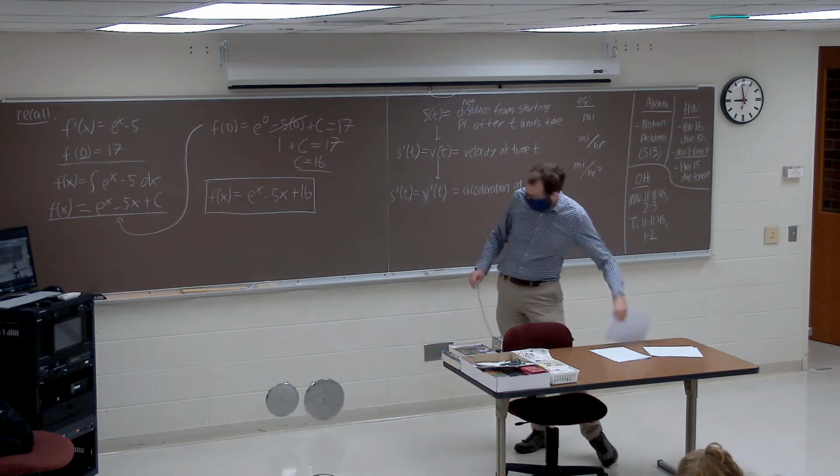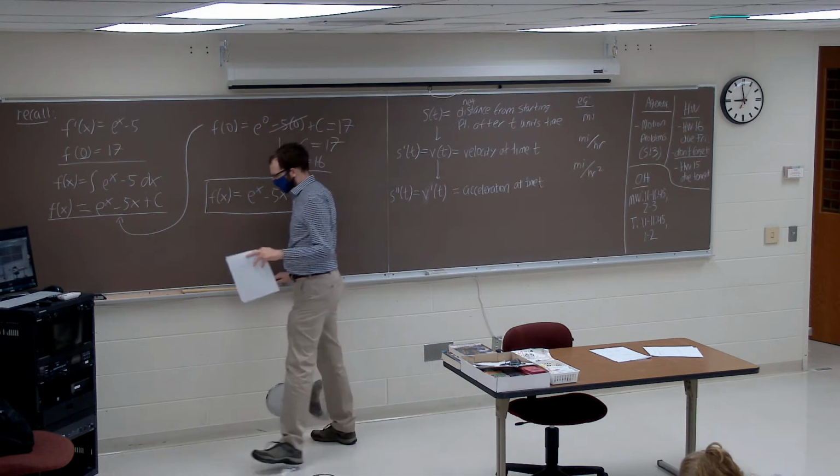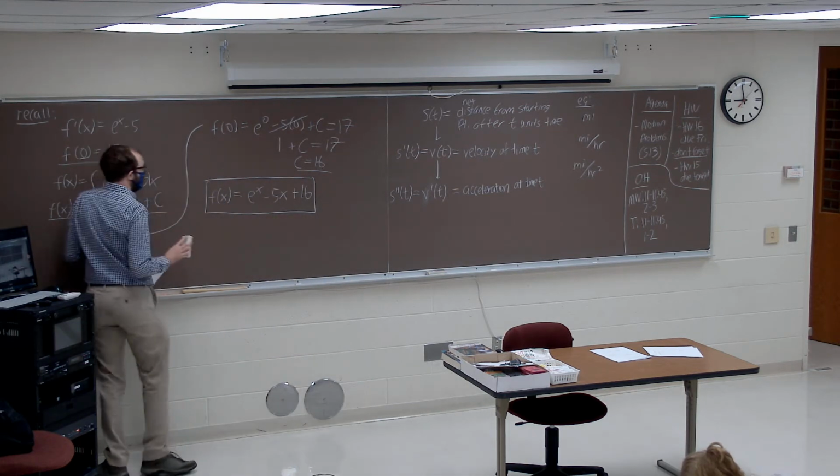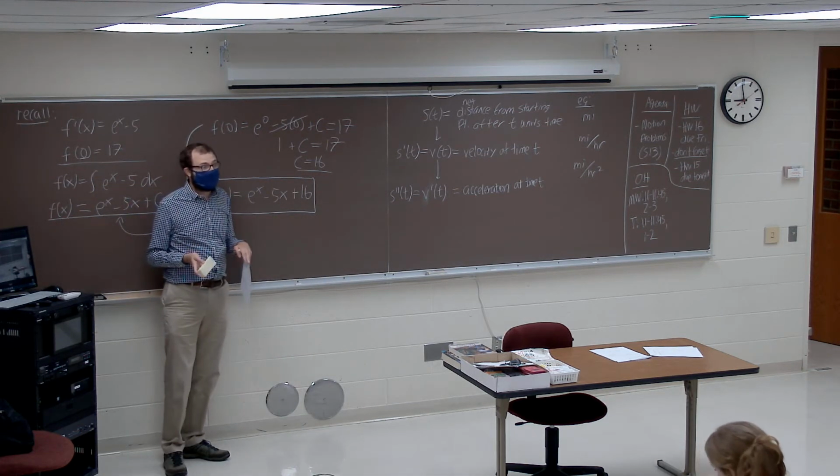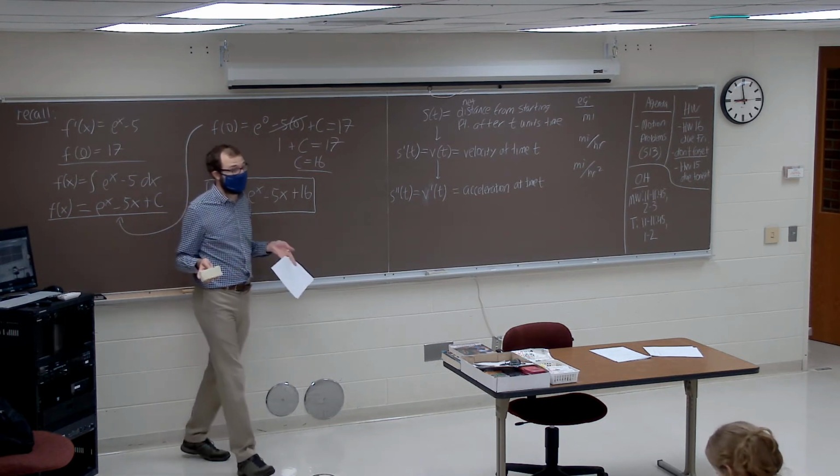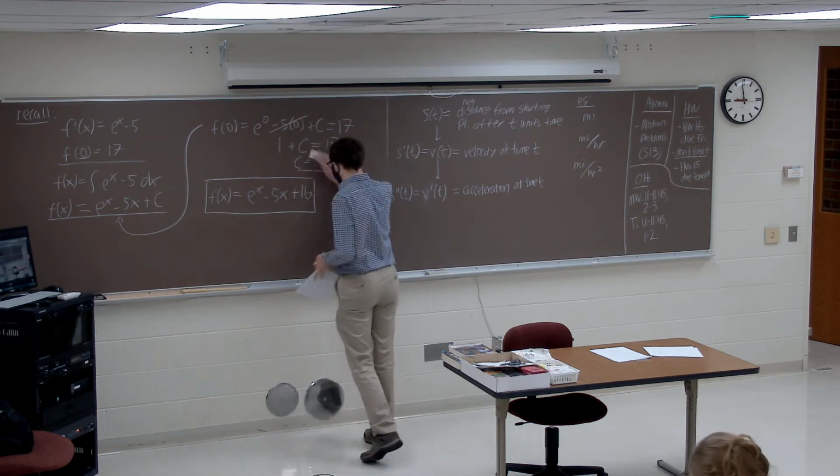So I want to look at an example problem where, because everybody loves pirates, or should, we're going to look at a problem where we're shooting a cannon up into the air.